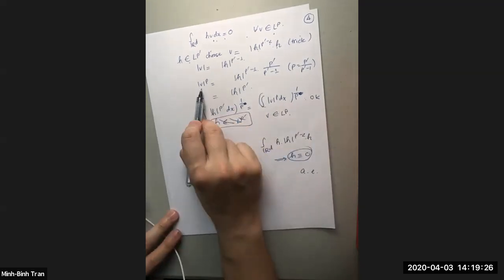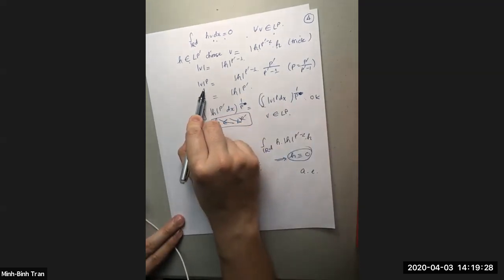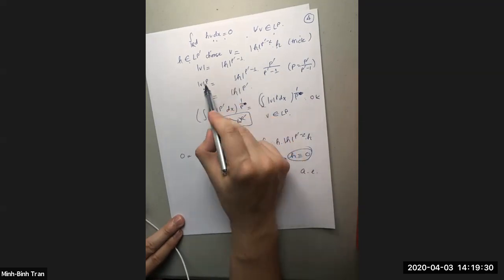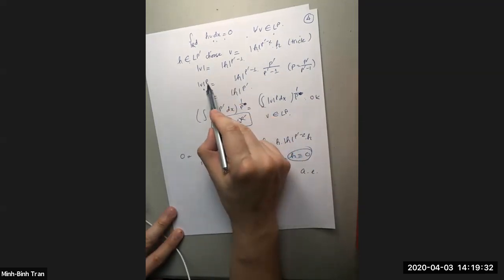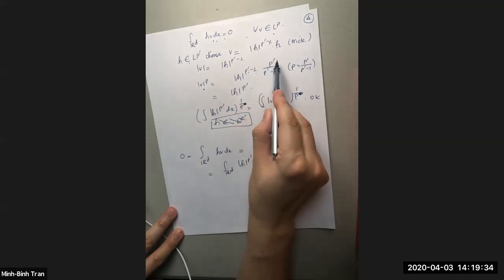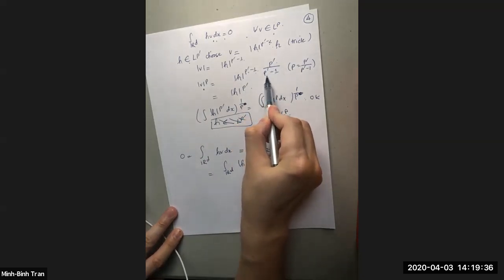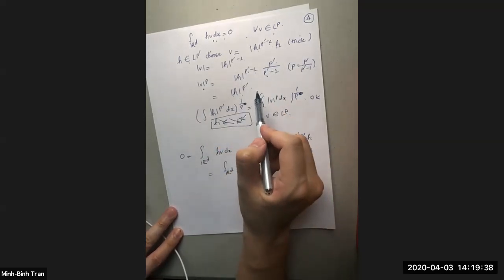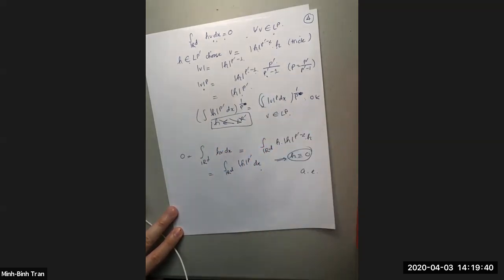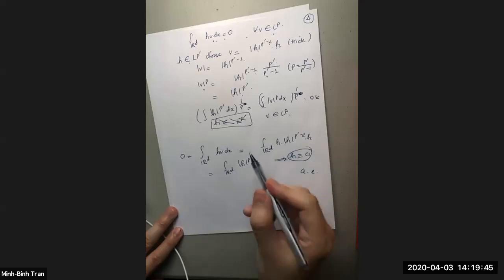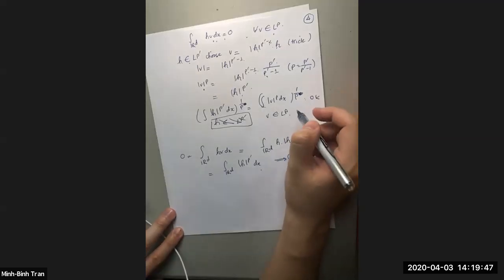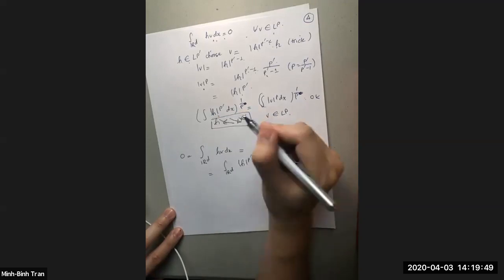So now you're gonna have what? You have that V to the power P will be H^((P prime minus 1) times P), with P being P prime over P prime minus 1, and this is H to the power P prime. All right. So which means that V will be in LP because H is in LP prime, right?